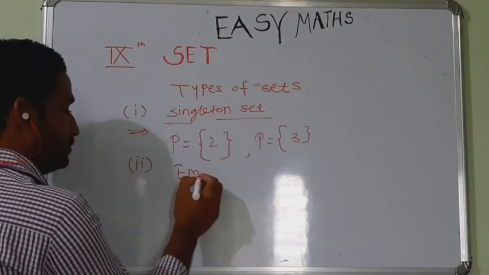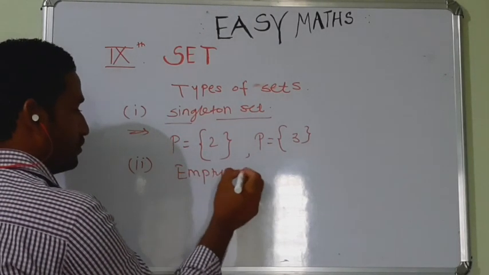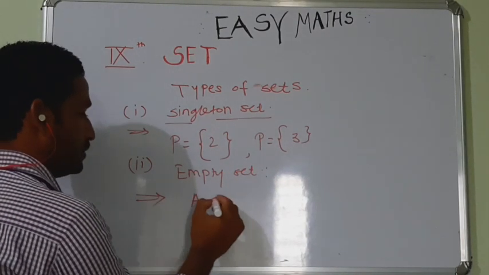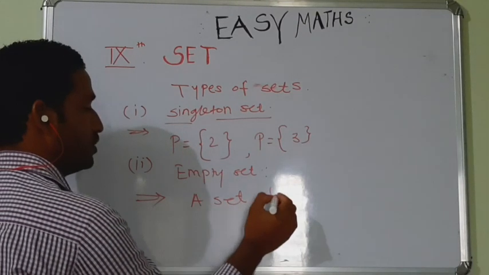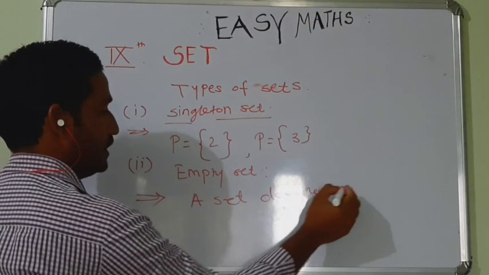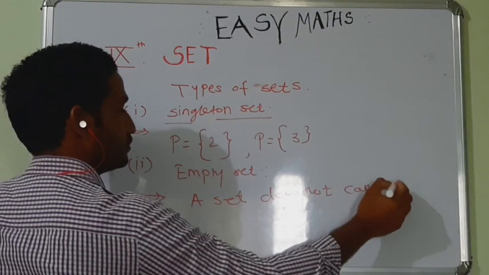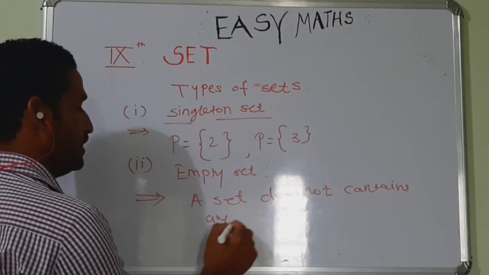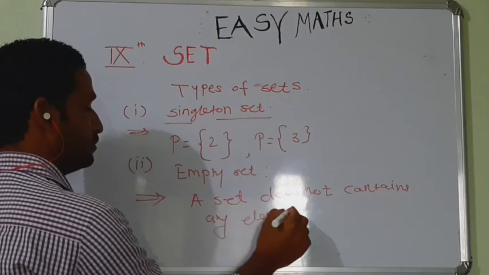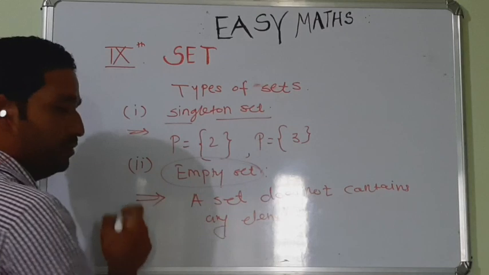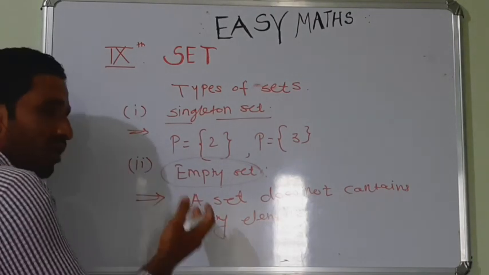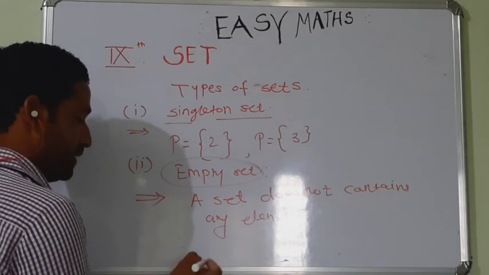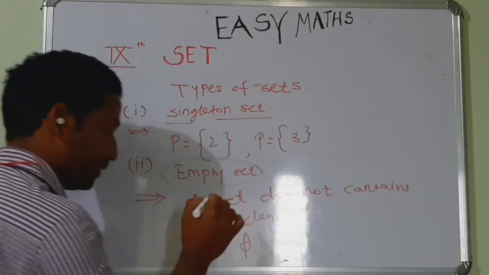Second one, empty set. A set that does not contain any element is called an empty set. It is also called a null set, and it is represented by the Greek letter phi.